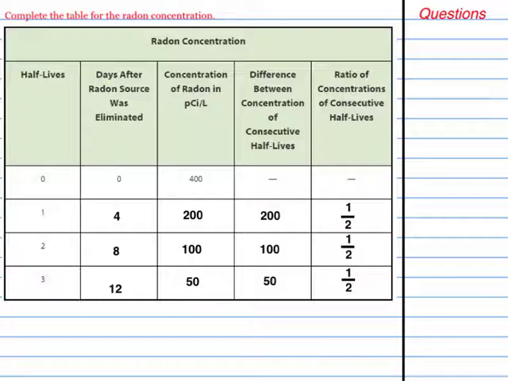Half-life 3 would be 4 days after 8, which would be 12. And so half of 100 would be 50. Once again, the difference between the two is 50. And then we do a ratio of 50 to 100, which gives me 1/2. And so we see that our ratio of concentration is showing me that this is decaying at a set rate, 1/2.